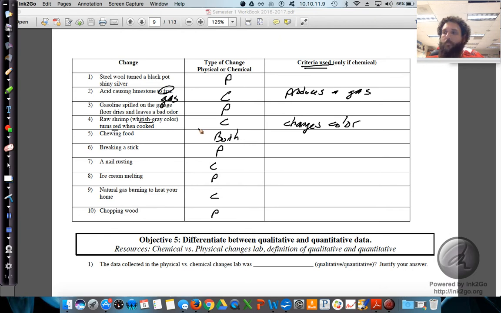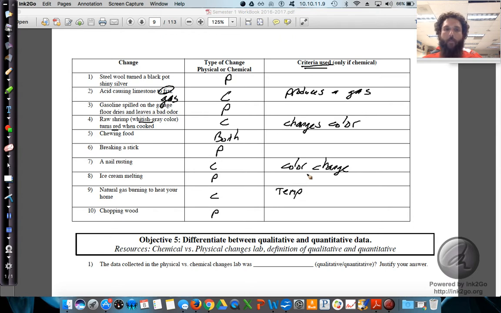So you have that. Nail rusting, color change. And what you don't see here, guys, is that if you have a rusting process that occurs quickly enough, there is a temperature change. But what we can observe is that color change. Natural gas burning to heat your home, we have the temperature change.